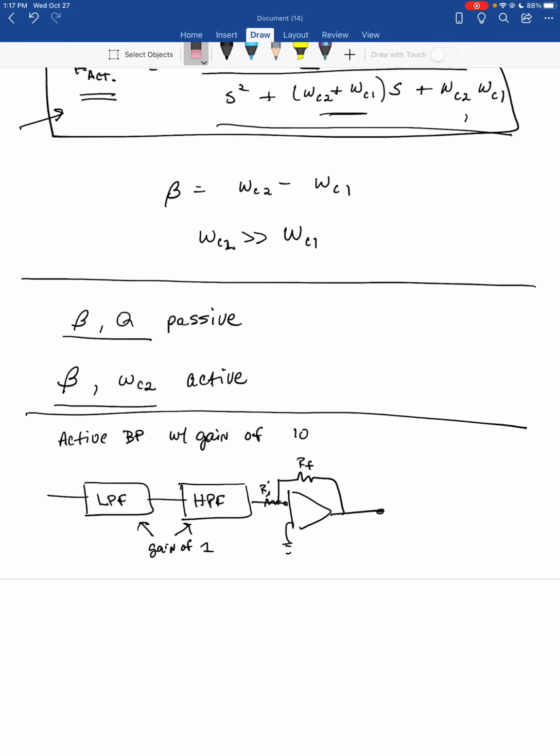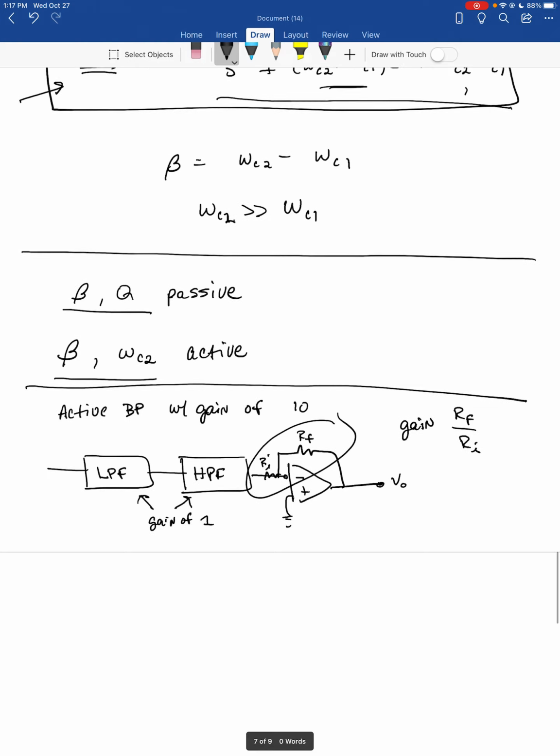So let's change that. You know, it just seems intuitively that plus should be on the top, doesn't it? Okay, here, this is going to give you a gain of RF over RI.